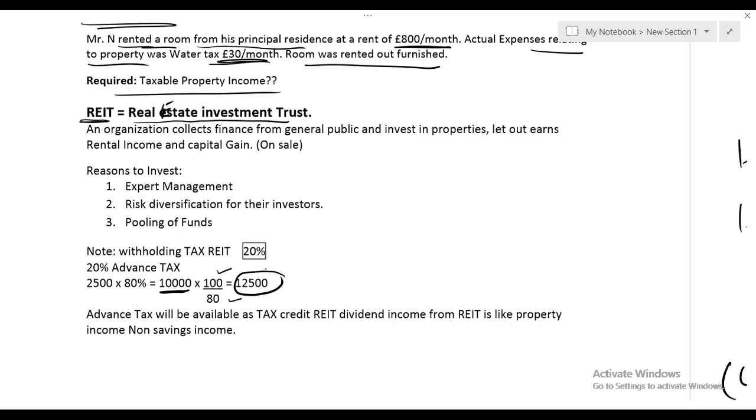So all you need is to remember a very simple concept. If your question says you are getting a dividend from a real estate investment trust, that will be treated as property income, number one. Number two, whatever you have received is 80%. You have to gross it up by multiplying by 100 and dividing by 80.